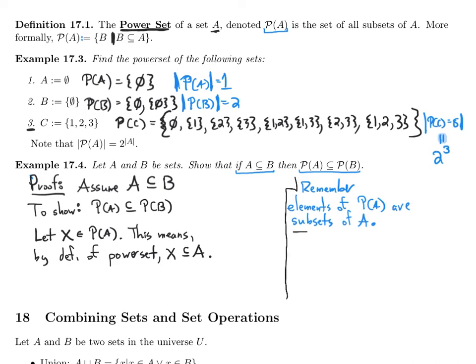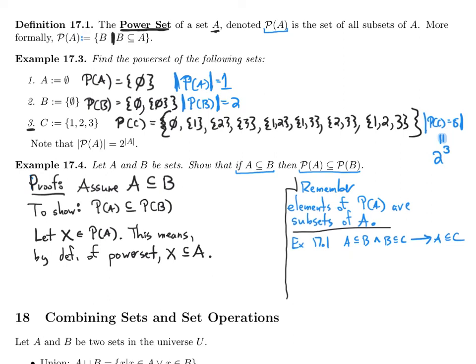So also remember that from example 17.1, we have that if A is a subset of B and B is a subset of C, then A is a subset of C. So here we have X is a subset of A, and A is a subset of B. So we have this situation here. We've just proved that, so we might as well use it.